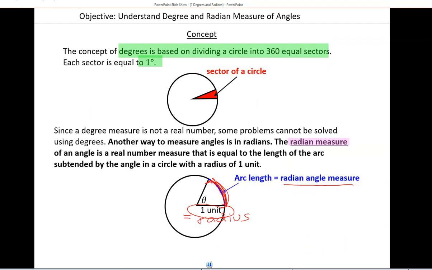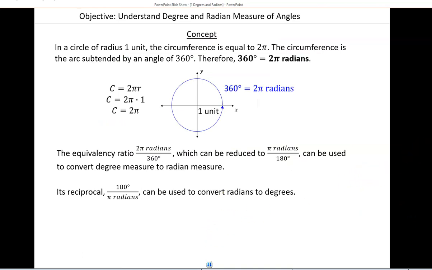All right, so what that tells us then is that because radian measure is part of the circumference of the circle, and our circle in this case has a radius of 1 unit, and we know circumference is 2 times pi times the radius of the circle, then we know that the circumference of this circle would be 2 times pi times 1, this radius, which just becomes 2 pi.